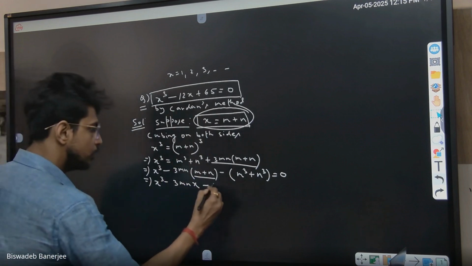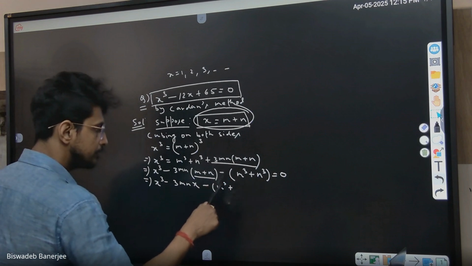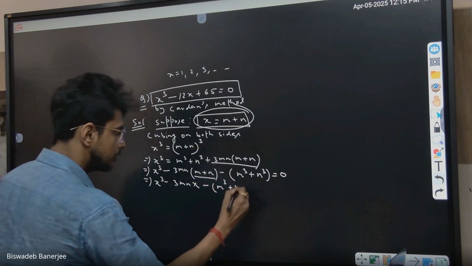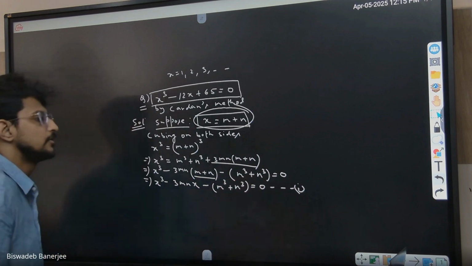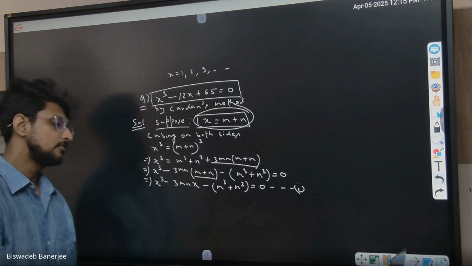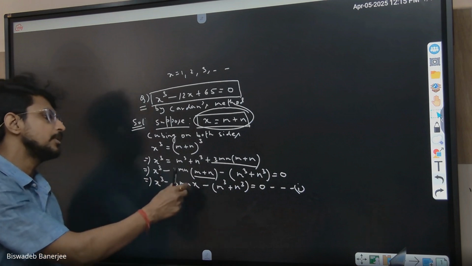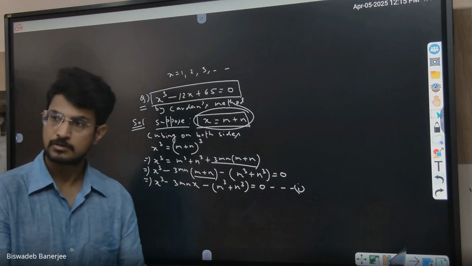And m cube plus n cube remain as it is. So taking all the parts to the left hand side, and putting m plus n equal to x, m cube plus n cube remain as it is.